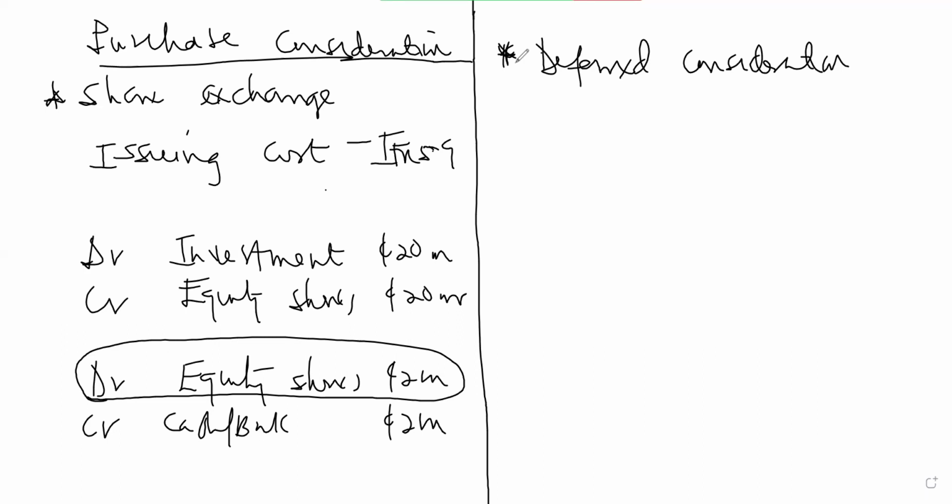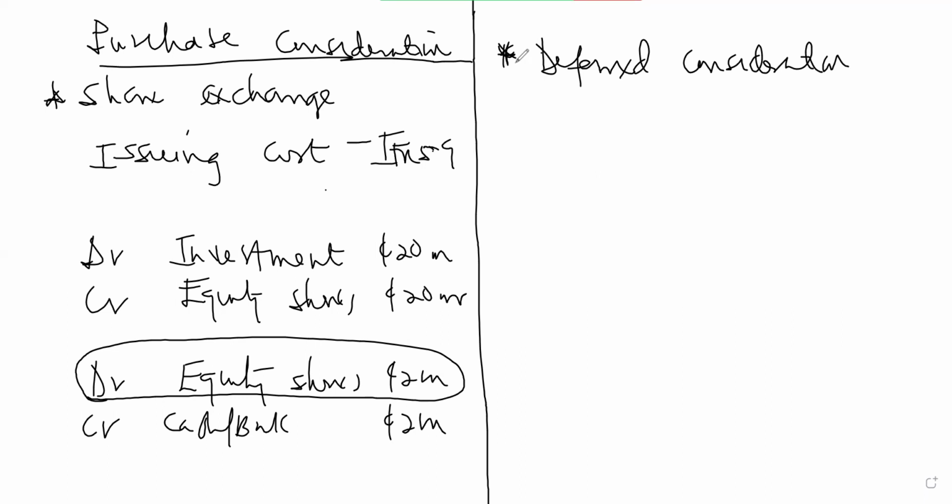Because if you had money and paid for the shares today, you would not be paying the same amount that you'll be paying in 3 years' time. Why are you paying more than the amount you should have paid today? It is because of the time value of money. So what you have to do is find the actual amount that you are paying for the shares. How do we find that? We separate the interest from the principal.